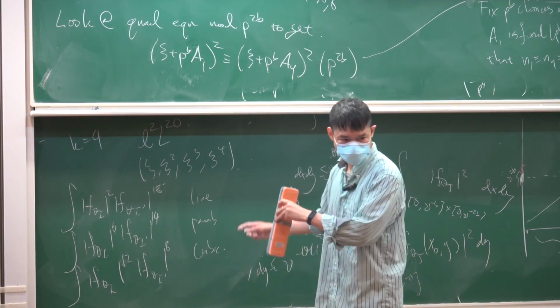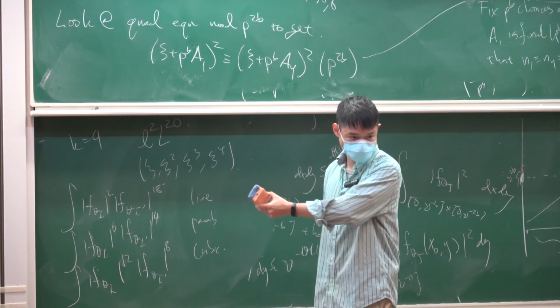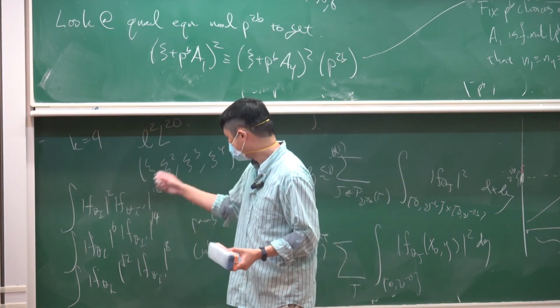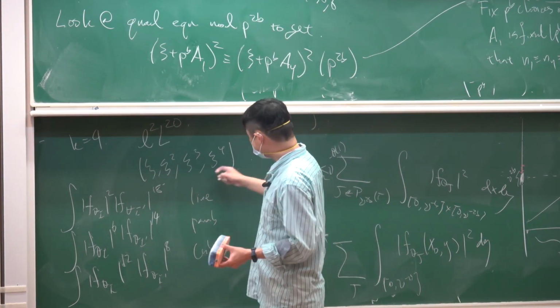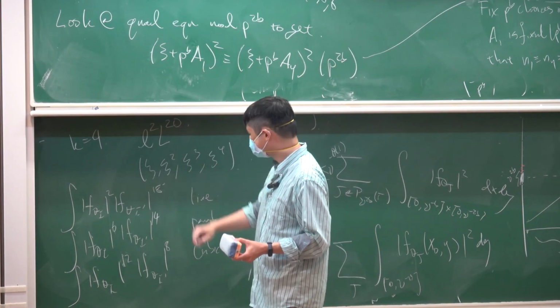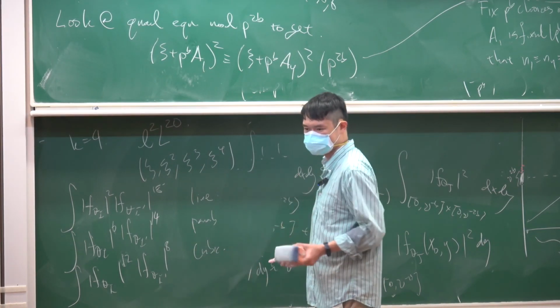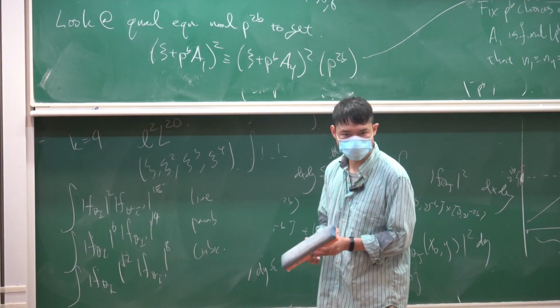So this is the style in Wooley's nested efficient congruencing argument. In the Bourgain-Demeter argument, they will use something like each one is the fifth power or something like that, and you'd have one multilinear constant.